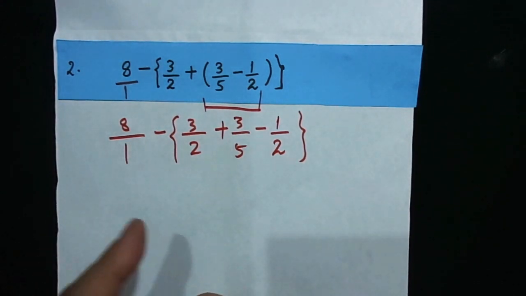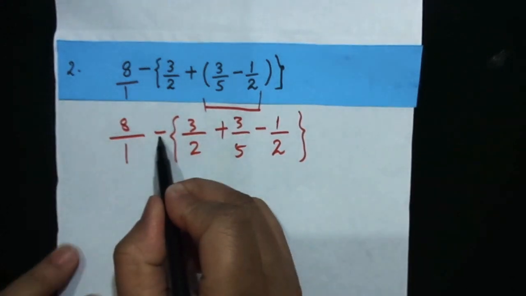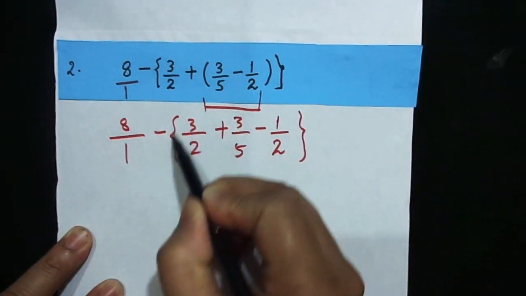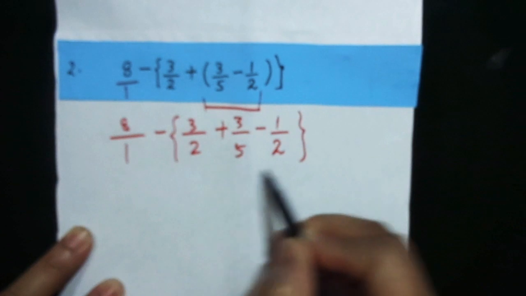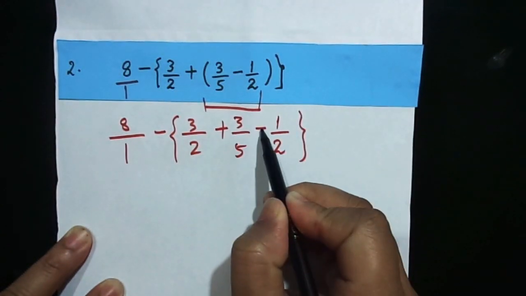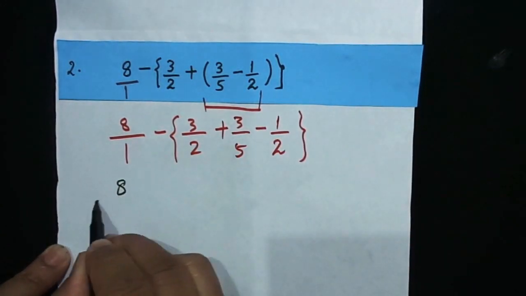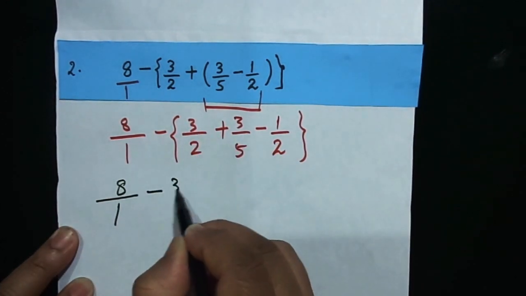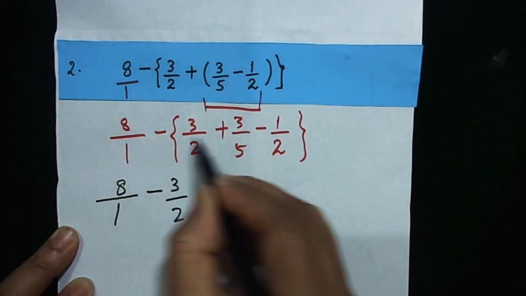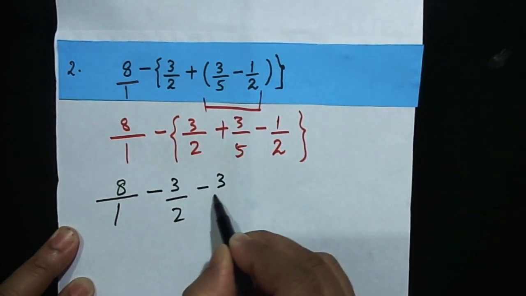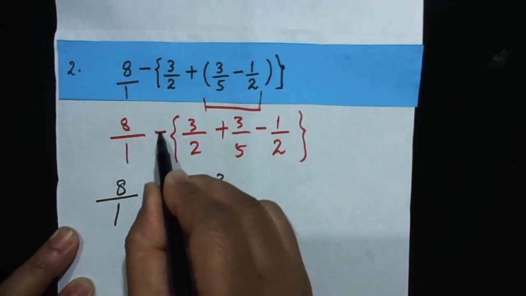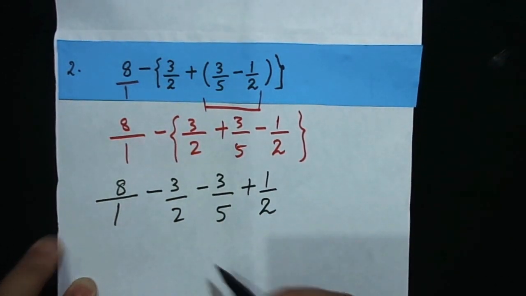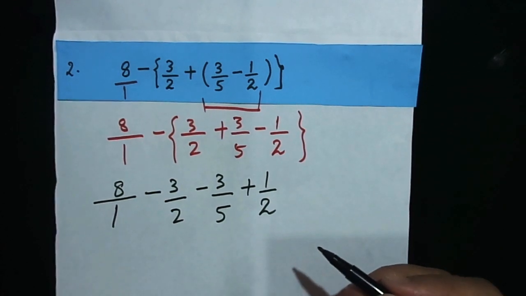Now if a negative sign is there, so you need to change the sign of the fractions. All these sign of the fractions means plus will become minus, minus will become plus. How? Let us see. Minus 3 by 2 minus into plus, minus 3 by 5 minus into minus, plus 1 by 2.